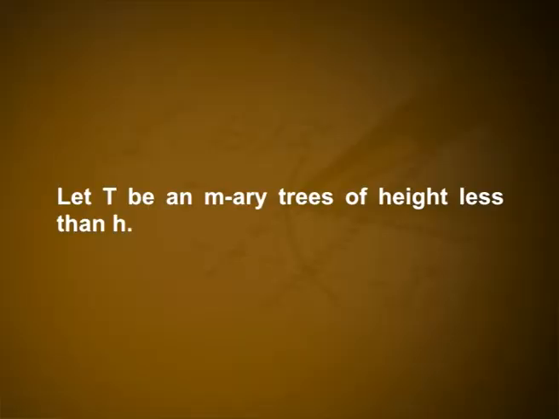Now, assume that the result is true for all m-ary trees of height less than h. This is the inductive hypothesis. Let T be an m-ary tree of height h. The leaves of T are the leaves of the subtrees of T obtained by deleting the edges from the root to each of the vertices at level 1. Each of these subtrees has height less than or equal to h minus 1.